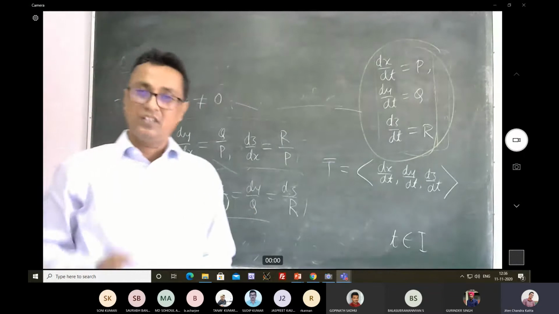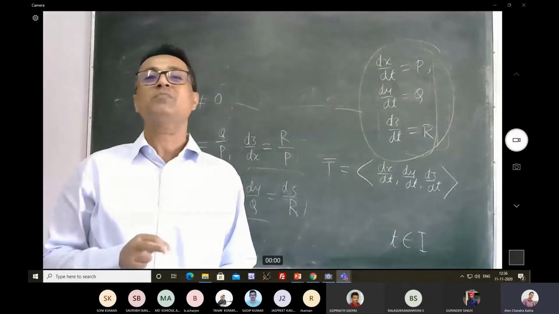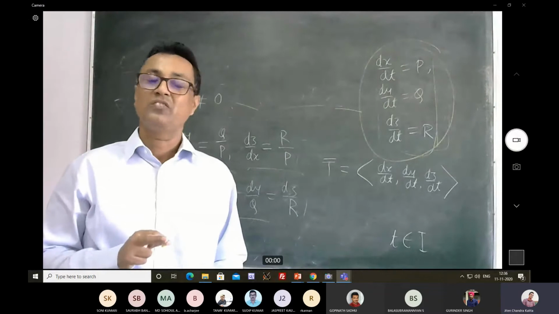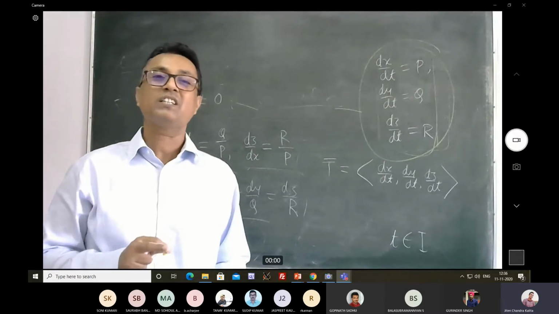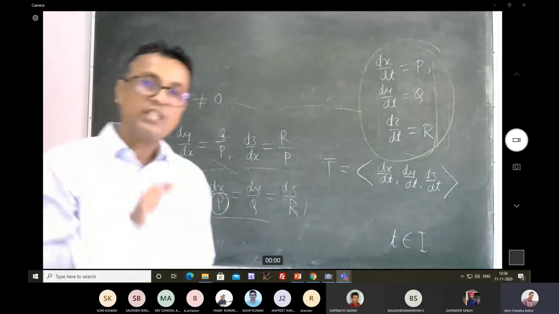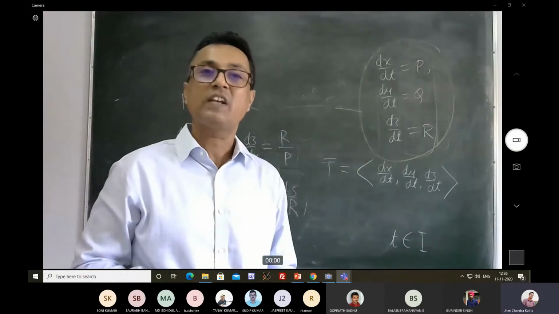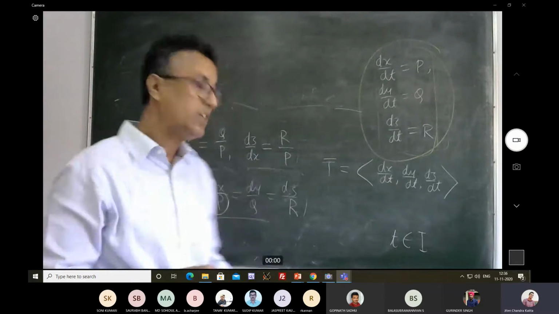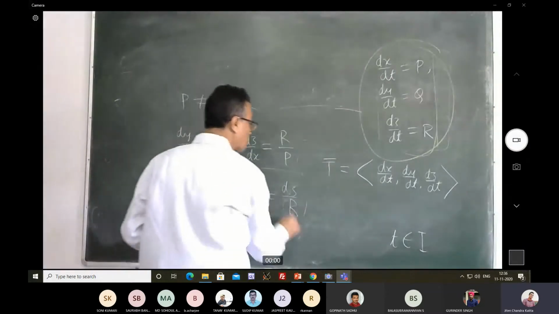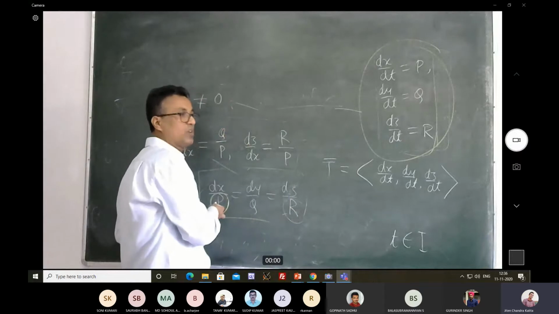I want simply at least one of them to be non-zero, so that the integral curve in connection with a vector field can be defined, or the integral curve exists. So you shouldn't bother if some of them are equal to 0, but at least one of them has to be non-zero.